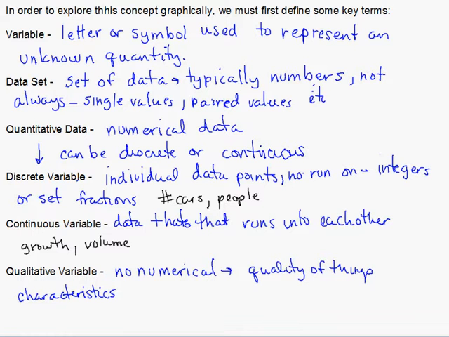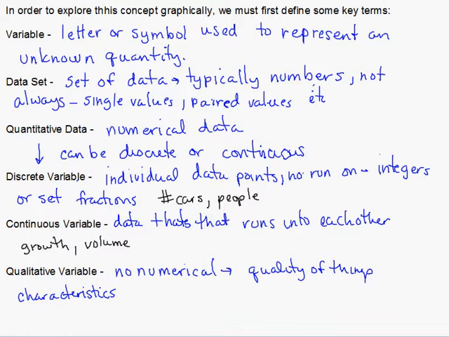But qualitative data would be color, flavors, textures, feelings. In the social sciences, you get a lot of qualitative data: motivations, perceptions, things like that. So those are your qualitative data.